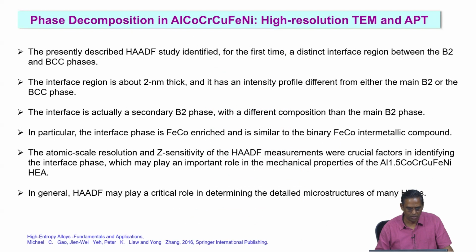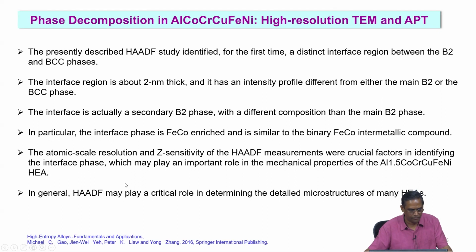And we can also comment on the phase. So the atomic scale resolution and Z sensitivity of the HRTEM measurements were crucial factors in identifying the interface phase, which may play an important role in the mechanical properties of high entropy alloys. Okay.